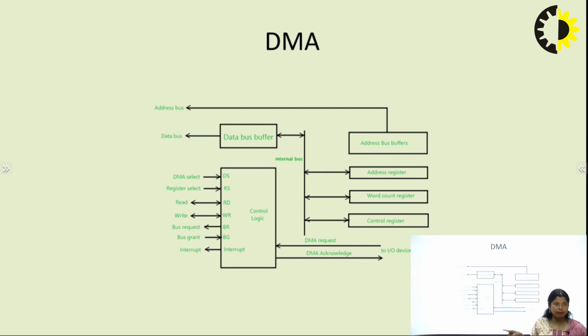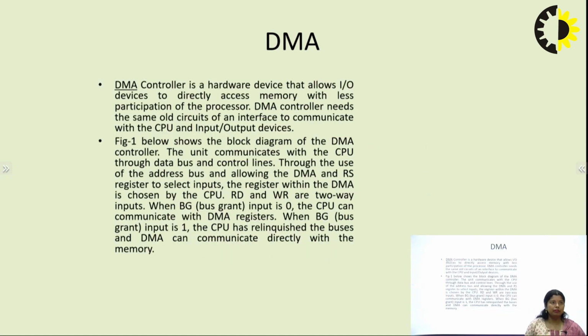The word count register holds the total number of words stored in that file which you want to transmit, and the control register controls all the operations. If the CR value is 1, then the transmission will take place. If the CR value is 0, then the transmission will not take place. So this is the overall DMA controller.